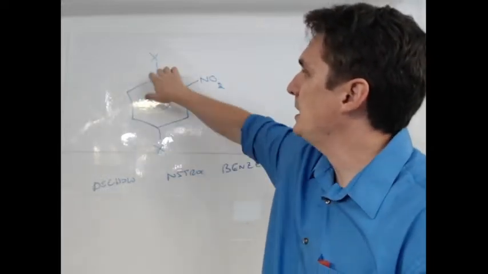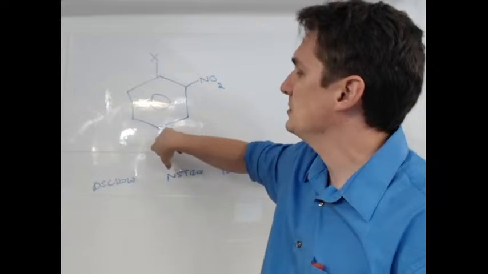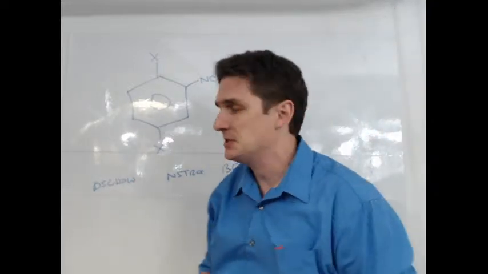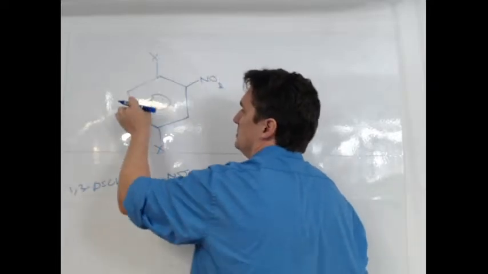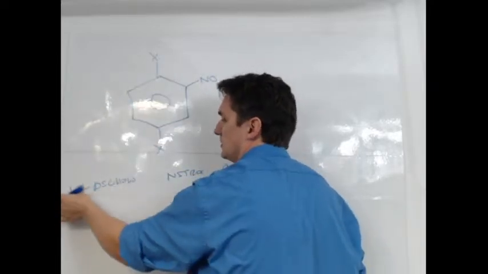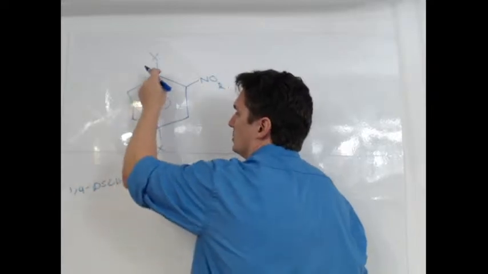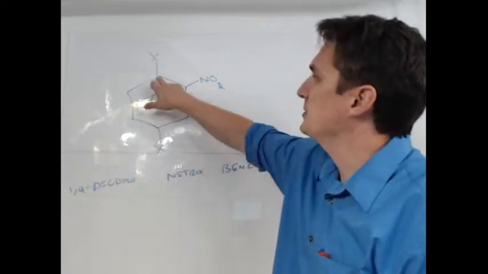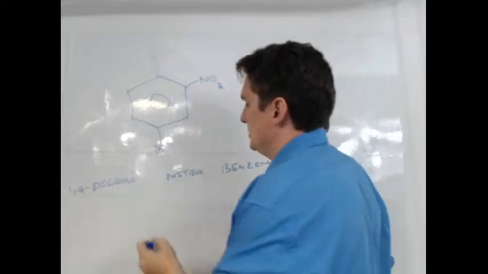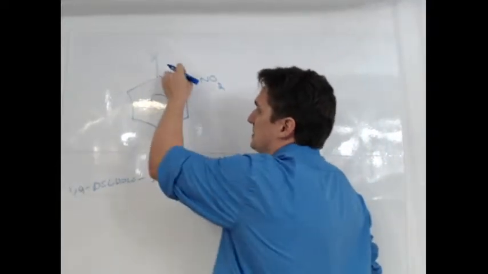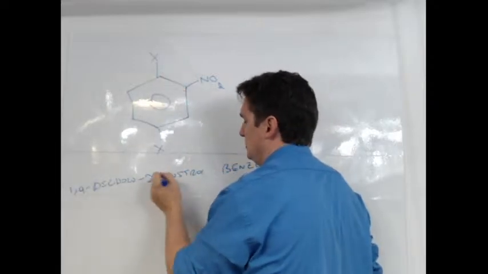We can pick either one to be 1, but since the chloros come first, one of them is going to take the 1 position. Then we've got 1, 3, or 1, 4. The question is whether this is 1 or this is 1. If this starts being 1, then this ends up being 3 nitro. But if this ends up being 1, this ends up being 2 nitro.